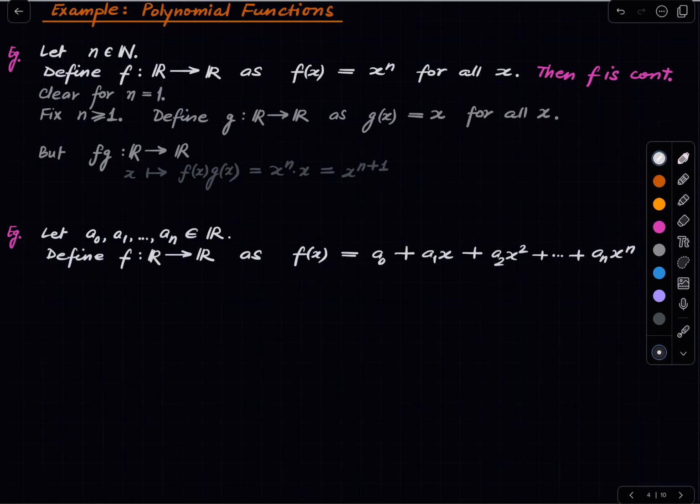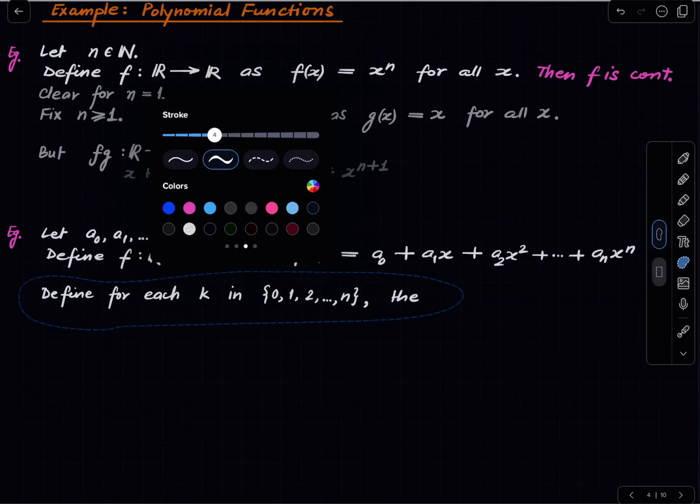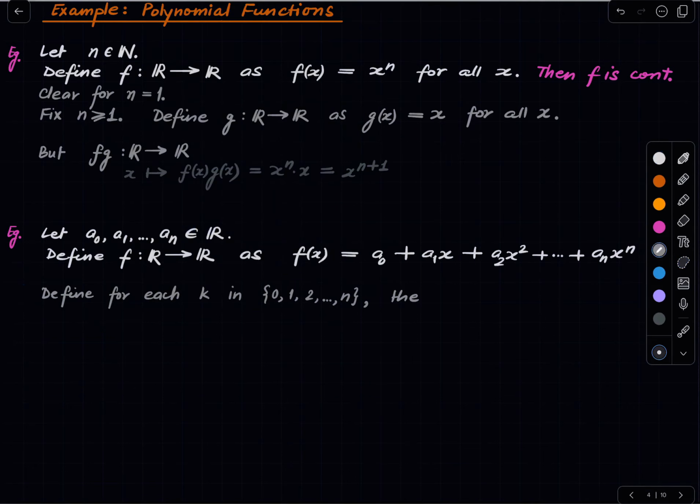So define, for each k, the function gk as x going to x to the power k.